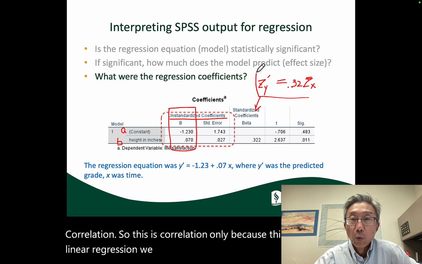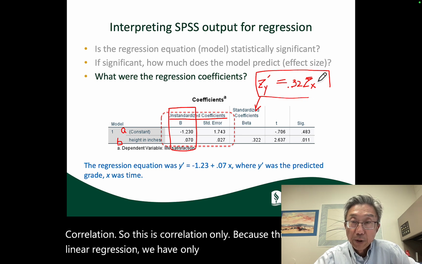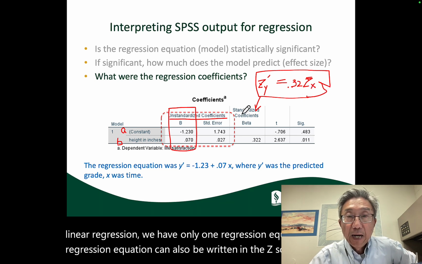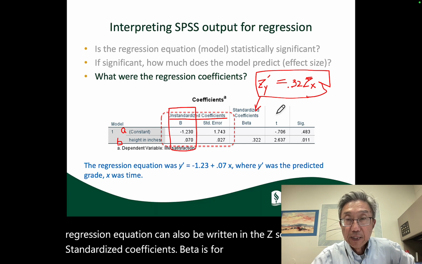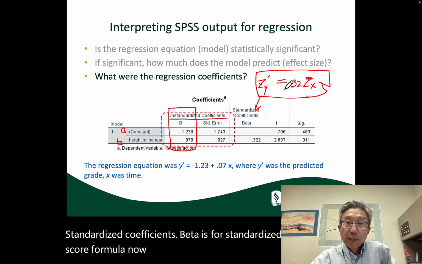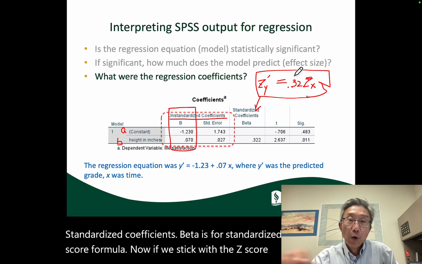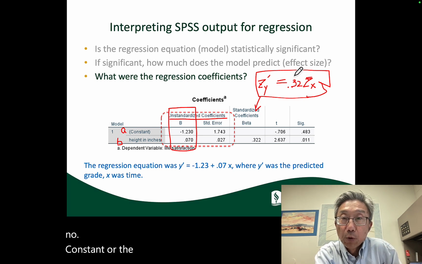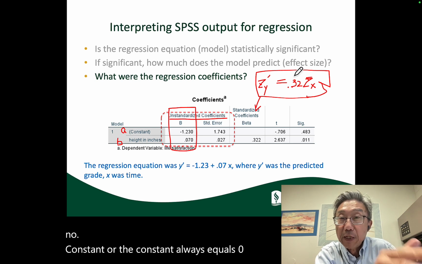We have only one regression equation. So the regression equation can also be written in the z-score formula. Standardized coefficients, beta, are for the z-score formula. Now, if we stick with the z-score formula, there is no constant, or the constant always equals 0. So we don't need the constant.